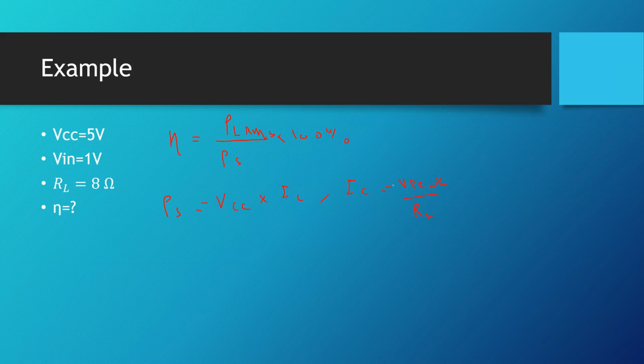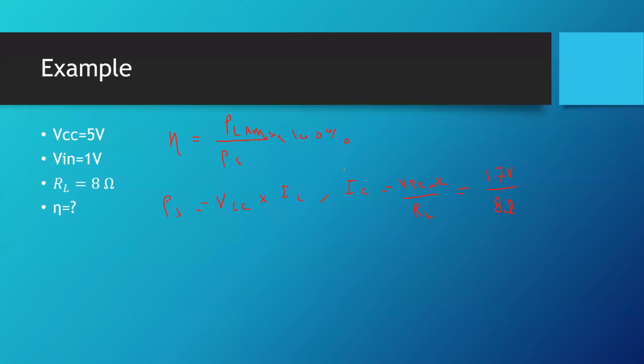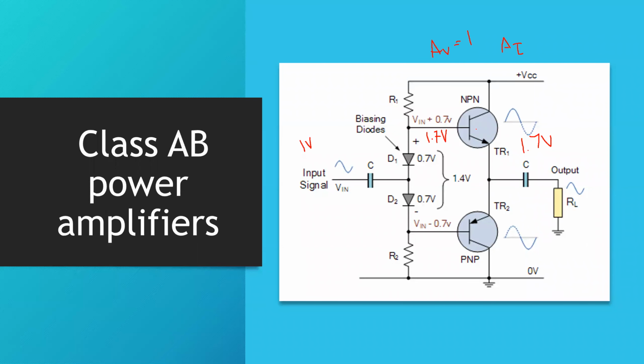So let's sub this in the IC formula, which would be 1.7 volts over 8 ohms. And another thing is, for this circuit, the class AB, we need to divide the current by pi. Why is that? What we said before is that the conduction angle for these transistors is higher than 180 degrees, but less than 360 degrees. So let's approximate this value to about pi, which is 180, since we need to find the absolute theoretical maximum power efficiency.